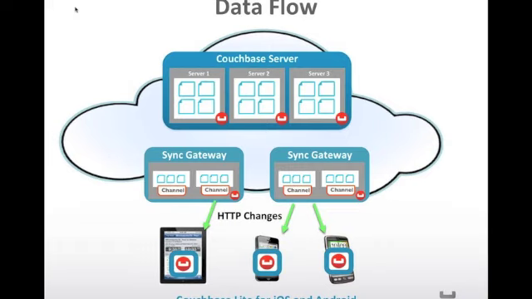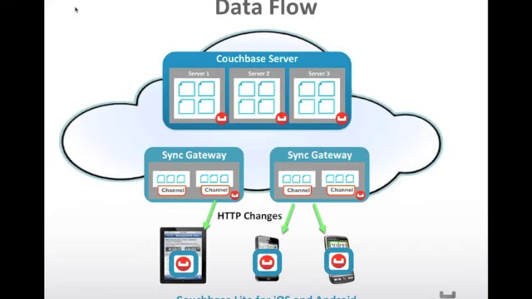So Couchbase Server is designed to run inside of a data center and to power applications. And so Sync Gateway is what adapts it to connect directly to clients and handles access control and authentication and authorization. So we'll get into the details of how the Sync Gateway controls access to Couchbase Server in the second half.